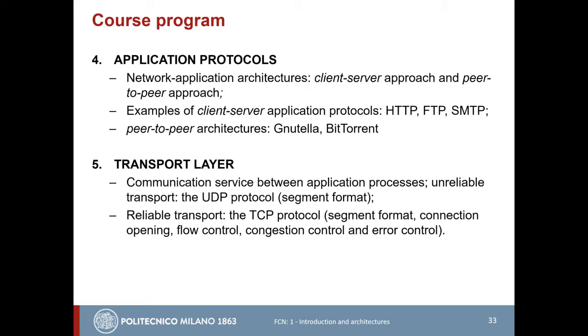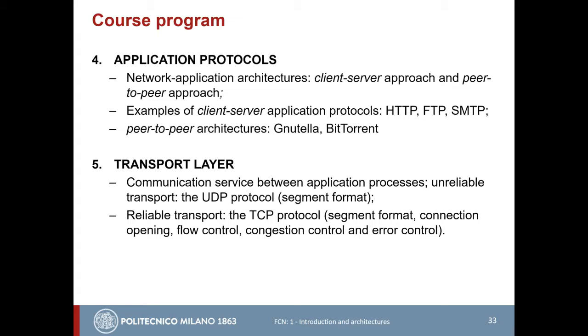Then we move to the top layer, which is the layer of the application protocols. I will introduce you to some protocols used for specific applications, like HTTP, FTP, and SMTP, that are for web browsing, file transfer, and email, and say just a few words about peer-to-peer.